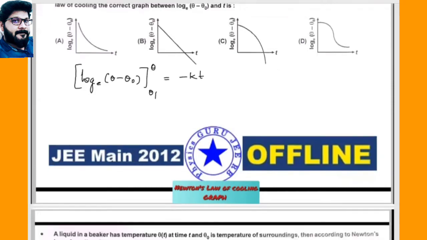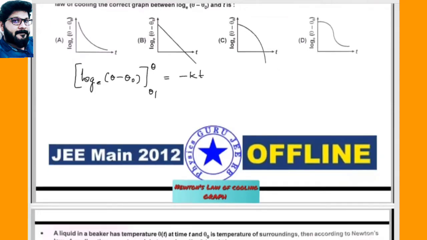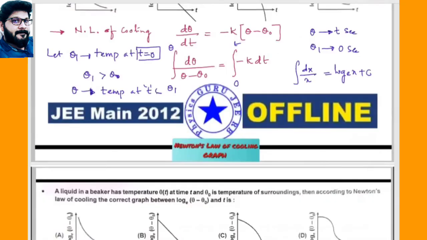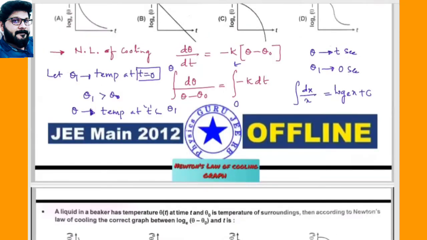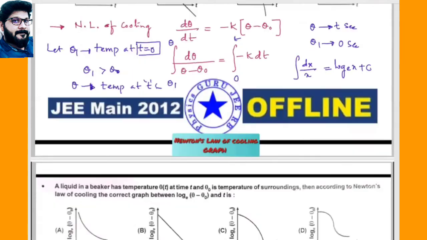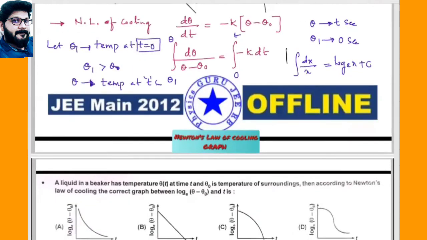Then apply upper limit minus lower limit. Hope this is clear. I just integrated this term, d theta by (theta minus theta naught). It looks like the integration of dx by x.